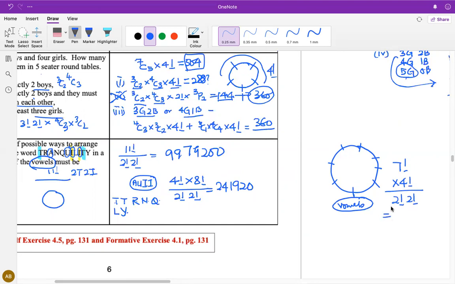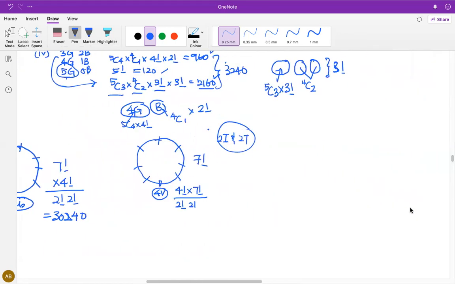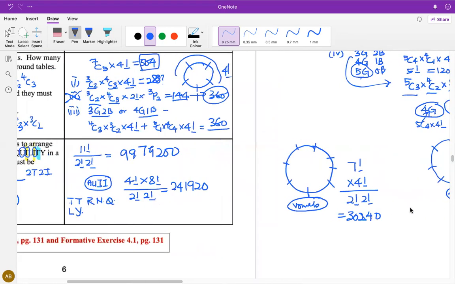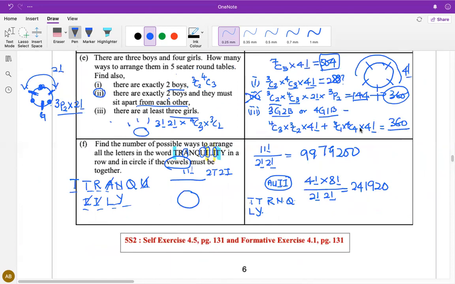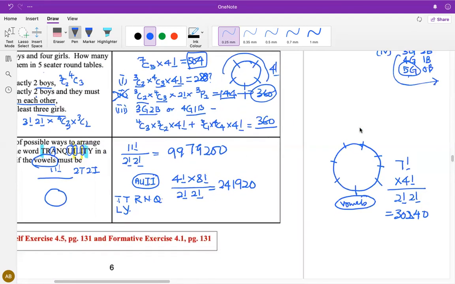So 7 factorial times 4 factorial divided by 2 divided by 2. So it's 30240. So that is your answer if the word tranquility is arranged and the vowels are together.